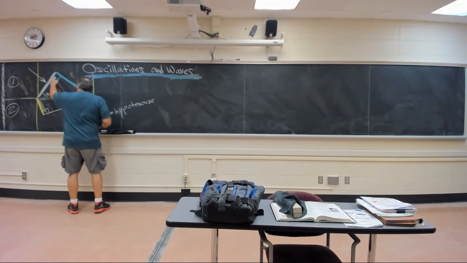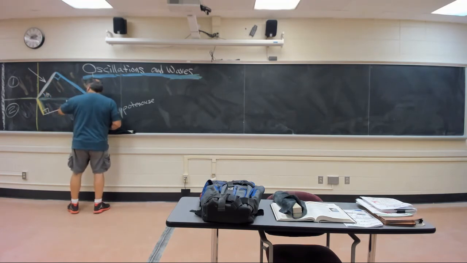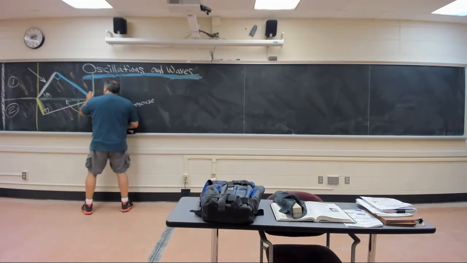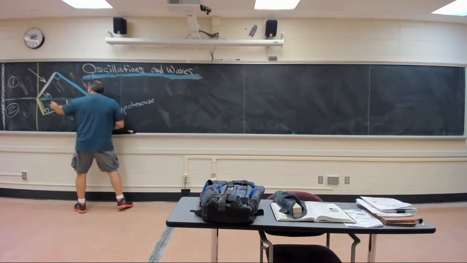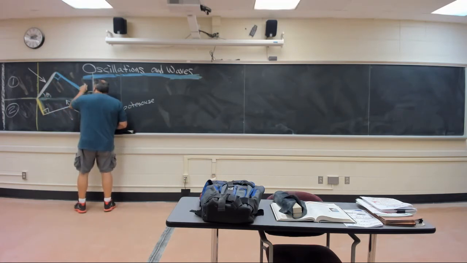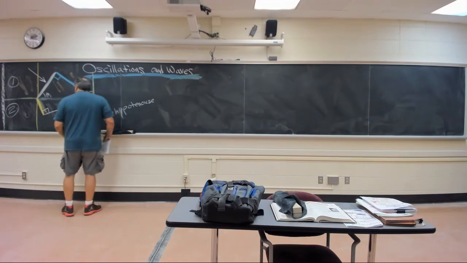If this is 90 degrees and this is theta 1, this is 90 minus theta 1. And this whole entire thing is 90. This is 90, this is theta 1, this is 90 minus theta 1. This is also theta 1, same as that guy.